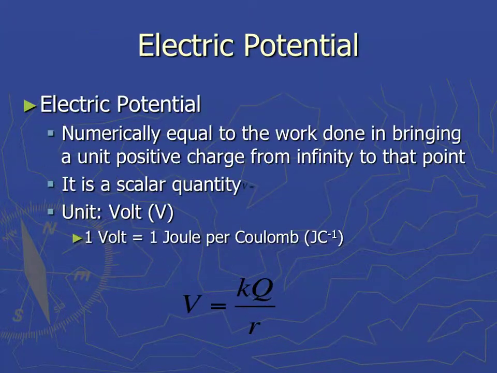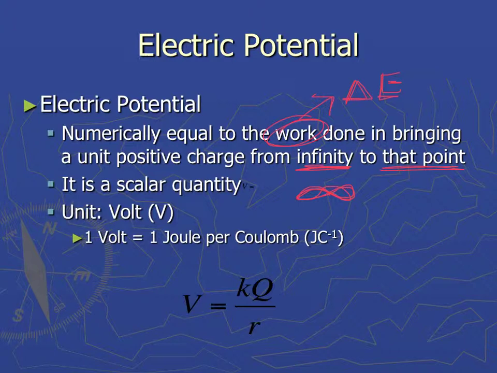And then if we talk about just potential, potential is numerically equal to the work done. So again, we're talking about work, which means we're talking about change in energy. But here, when we're talking about electrical potential, we're talking about bringing some test charge from an infinite distance away, from infinity and beyond, to that point in that new field.